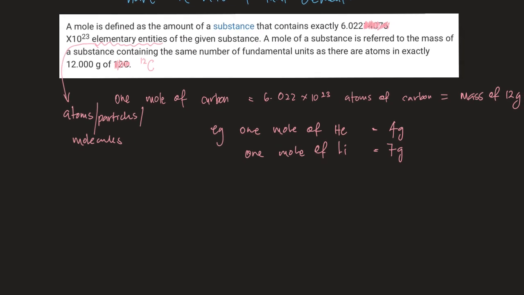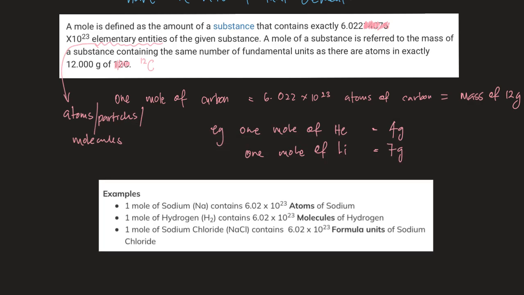So if, for example, I furthered my examples, and please get these examples into your books. 1 mole of sodium contains 6.02 times 10 to the power of 23 atoms of sodium. 1 mole of hydrogen contains 6.02 times 10 to the power of 23 molecules of hydrogen. And 1 mole of sodium chloride contains 6.02 times 10 to the power of 23 formula units of sodium chloride.